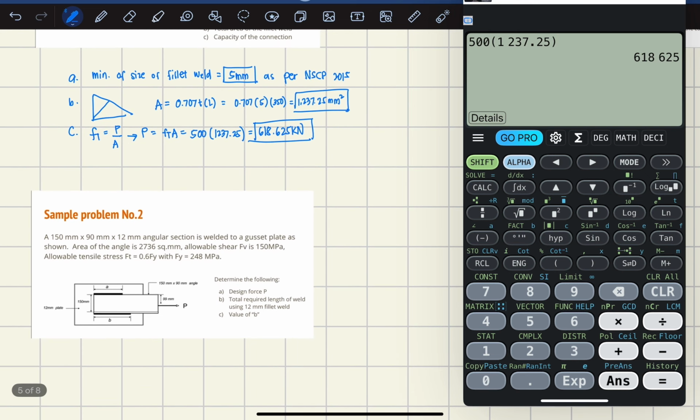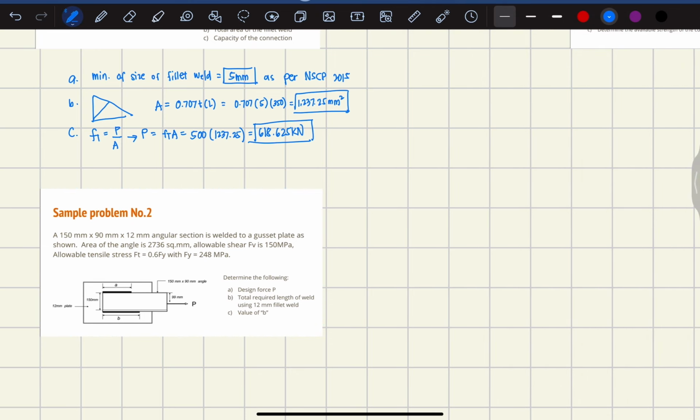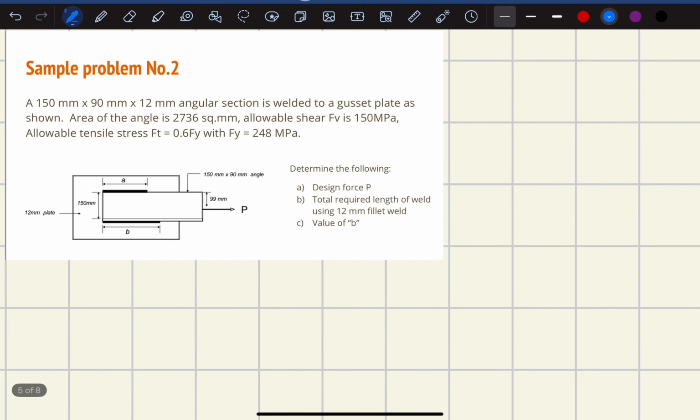In sample problem number 2, a 150 by 90 by 12 mm angle section is welded to a gusset plate as shown. Area of the angle is 2736 square mm.